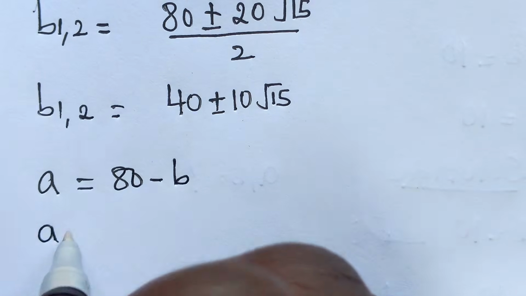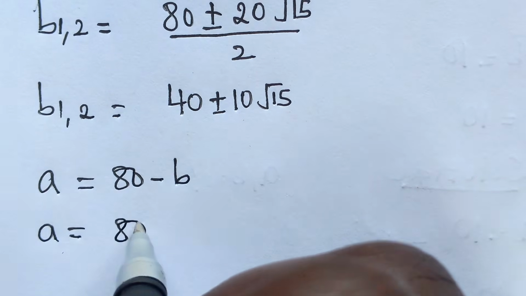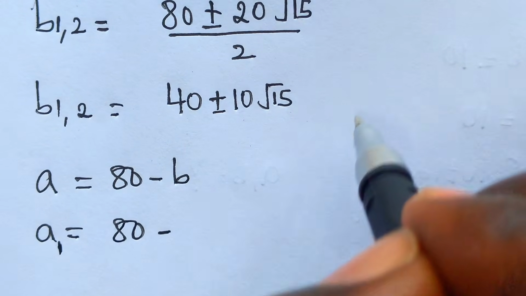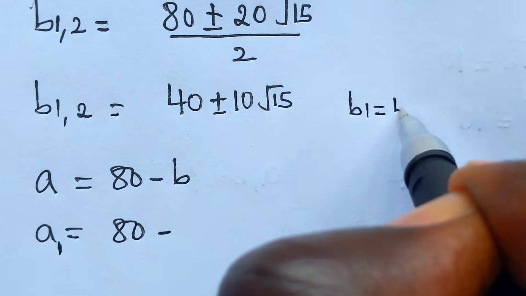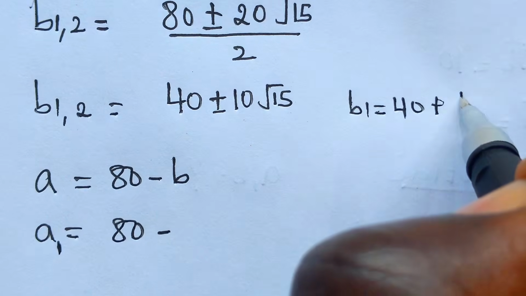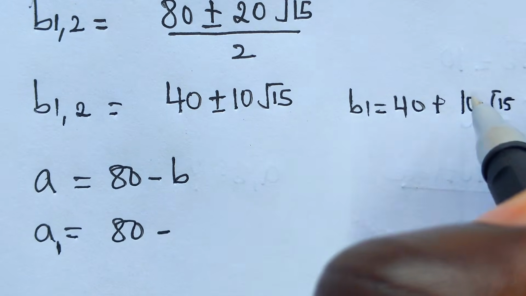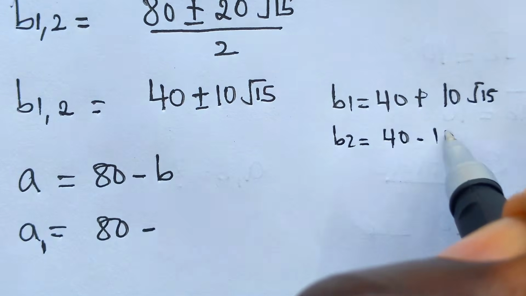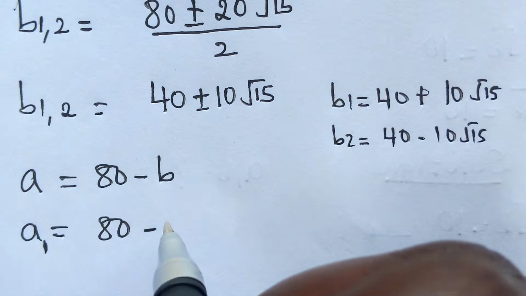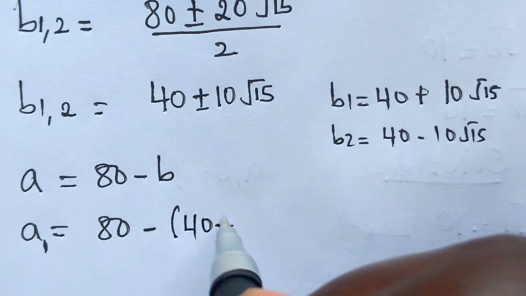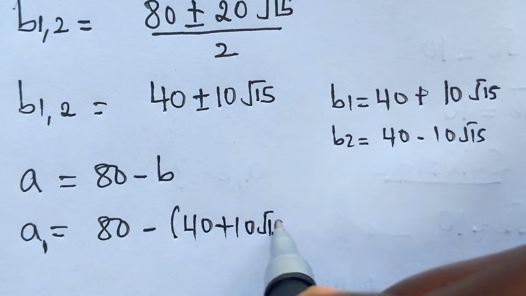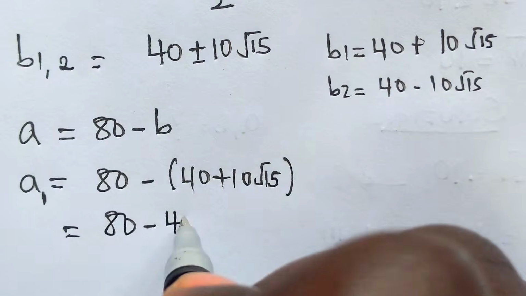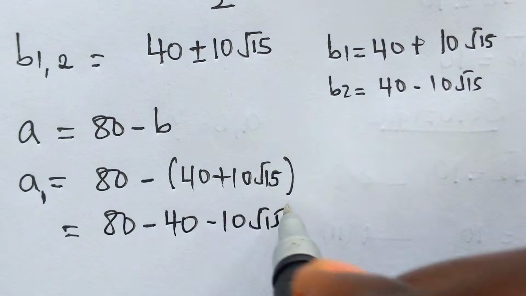And of course a will be 80 minus, if it is a1, let's take that here, b1 equals 40 plus 10 square root of 15, and b2 equals 40 minus 10 square root of 15. Then 80 minus 40 plus 10 square root of 15 will be 80 minus 40, then minus 10 square root of 15.